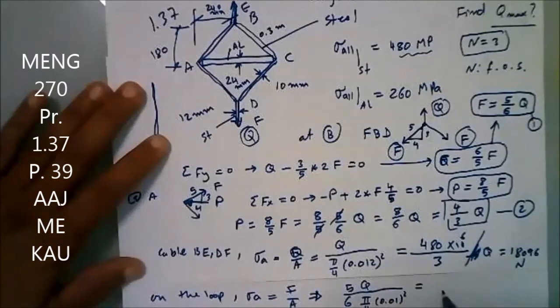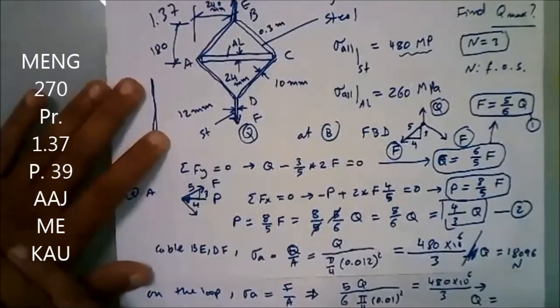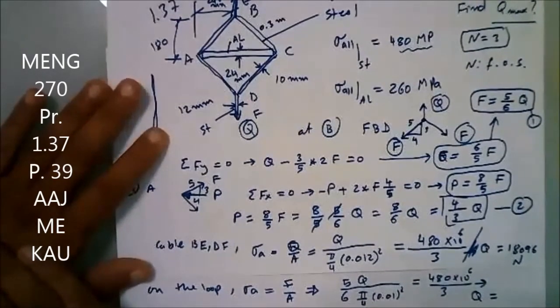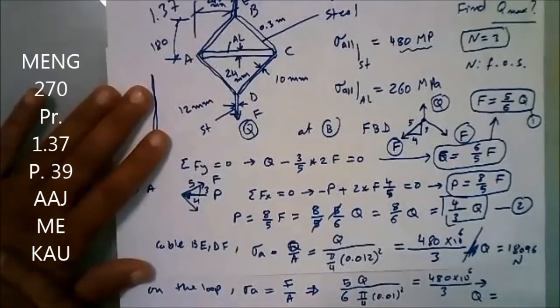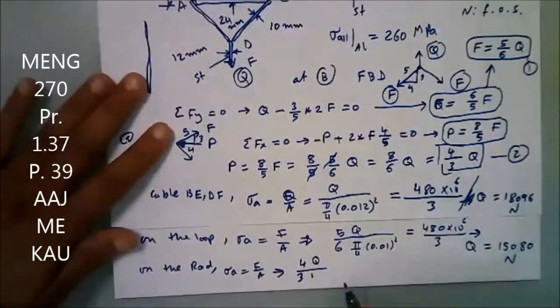Again, this should be equal to 480 times 10 to the power 6 over 3. What would be Q here again? What is the value of Q? 15,080 newtons.